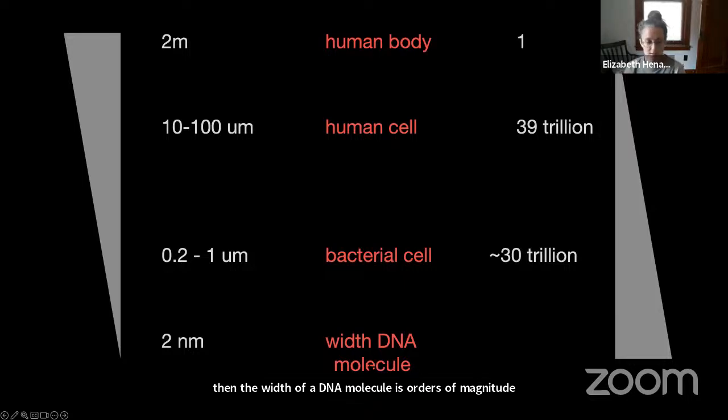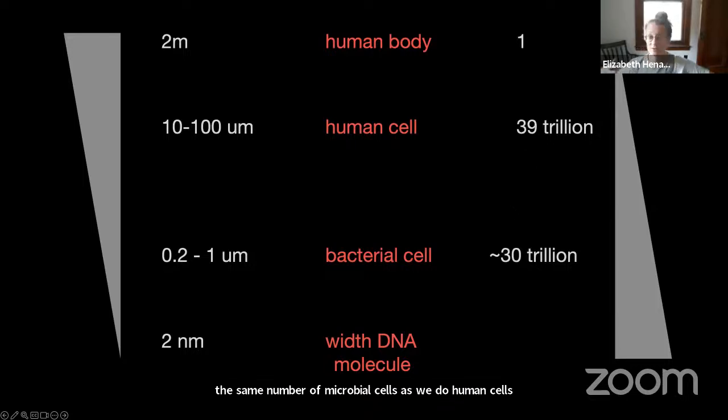So if you think of an analogy, a bacterial cell is about 100 to 1,000 times smaller than a human cell. This is some brain-stretching math to do, but ultimately in the human body, we have pretty much the same number of microbial cells as we do human cells.